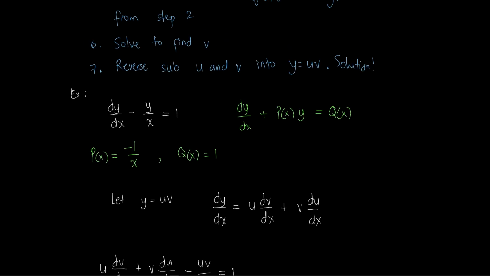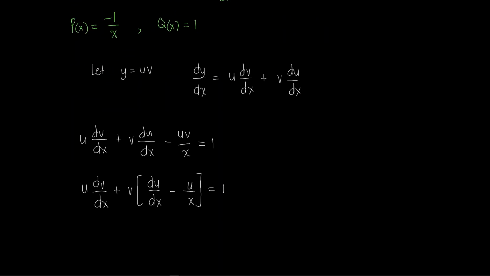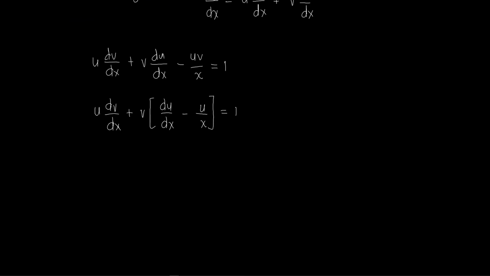So what is the next step? Next step is put the v term equal to 0. This means everything inside the parentheses, which is our v term, we equate to 0. So that is step 3. That means du over dx minus u over x, we equate to 0.